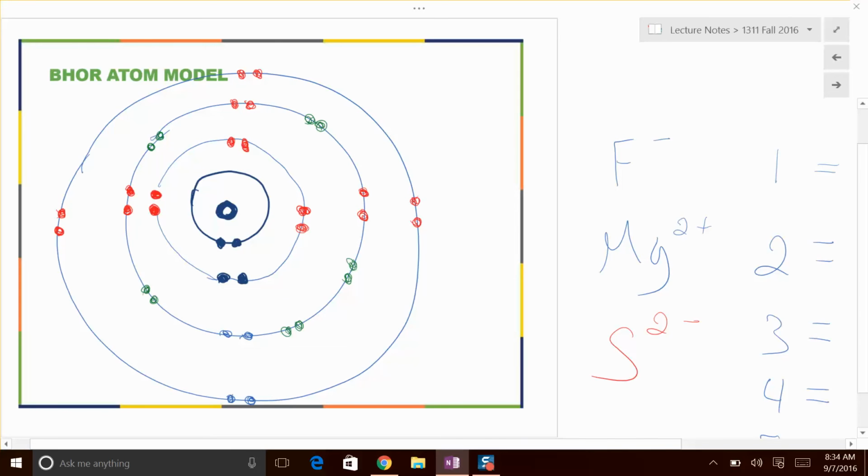Here I am. How many valence electrons do I have? 8. Okay? That's how come every time I get to the end there, I only have 8 valence electrons. Okay? Because D and F are not outside electrons. They are inside electrons.